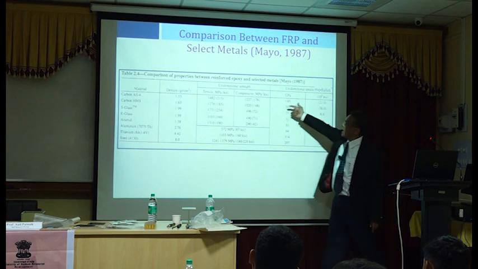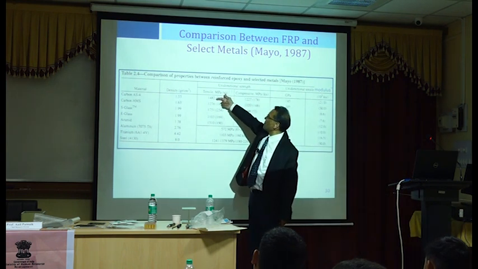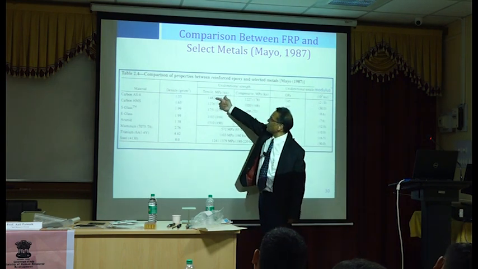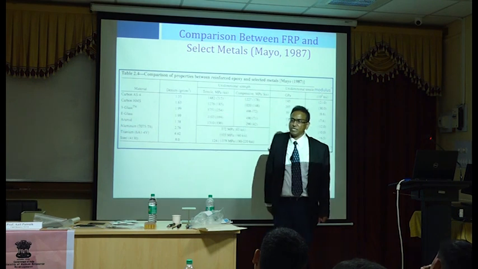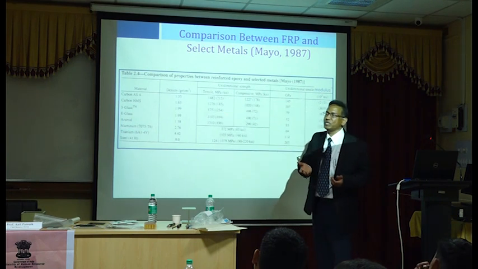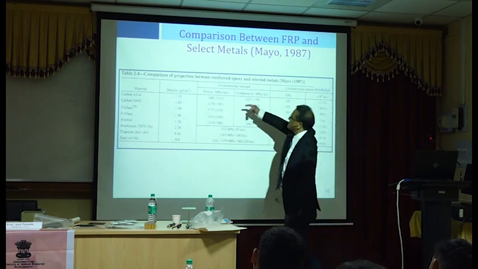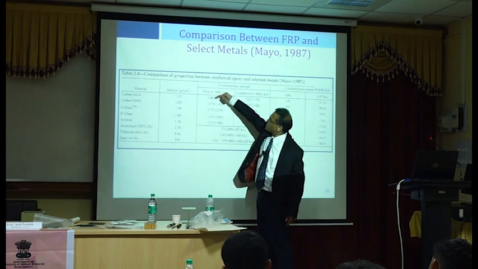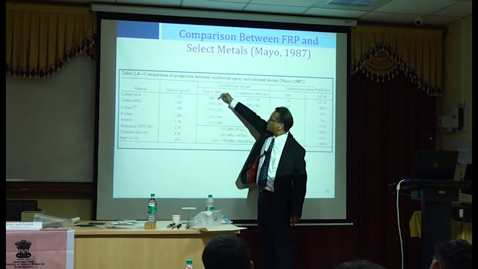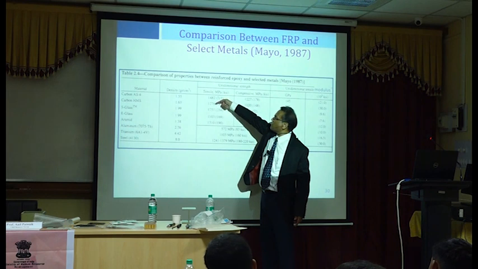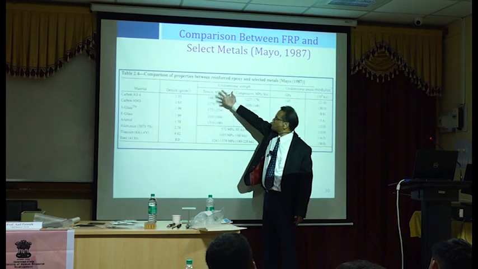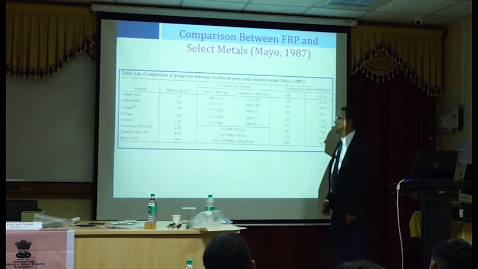Okay, and the tensile strengths can be very large. That's what you see here. What's the general tensile strength of steel that one of you or some of you mentioned, 500, let's say. This is almost 3 times 500. This one is about 2.5 times 500. This is 3.5 times.